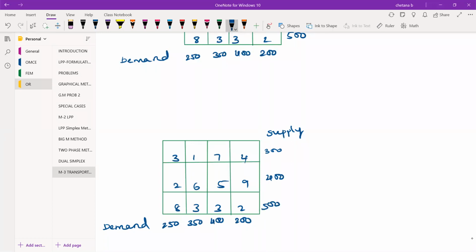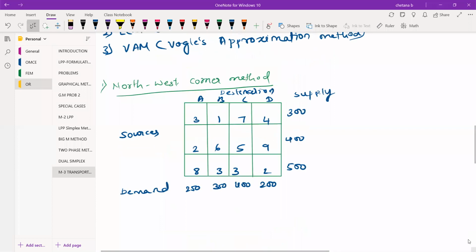First we will see the northwest corner method. In the northwest corner method, as the name suggests, you always consider the northwest corner for the allocation. You have supply and you have demand.